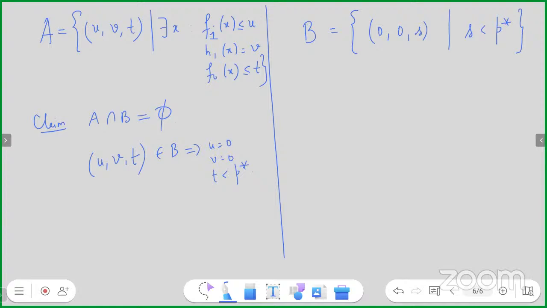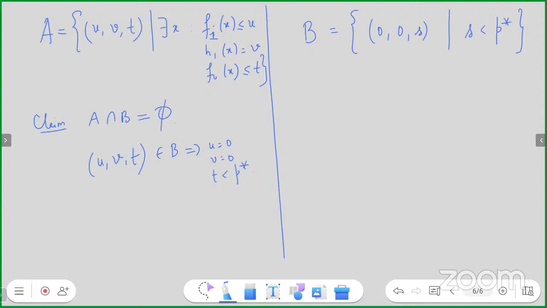Give me the punchline. Because P star is the optimal value. Exactly. So if it's possible to reduce the optimal value, then only it's possible to find a t which is less than P star, because the t is sitting over there. So it cannot be that t is less than P star. Is everybody okay with that? It's actually not possible for t to be less than P star. Why is that?